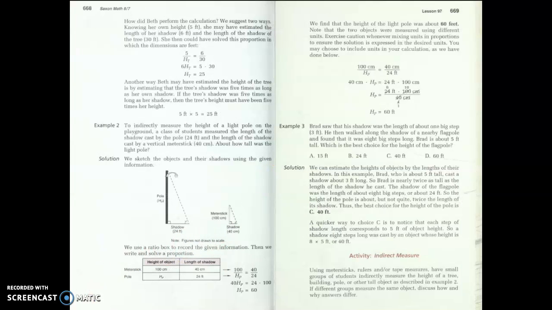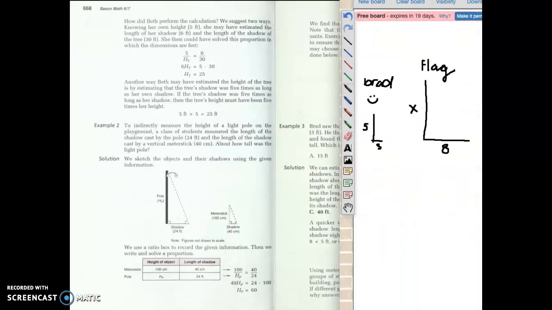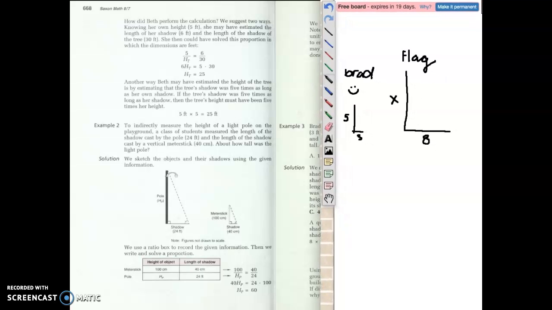Let's go ahead and draw this out. Here is my board that I'm pulling over into the textbook. We know that Brad is about 5 feet tall and his shadow is 1 step, which is about 3 feet.